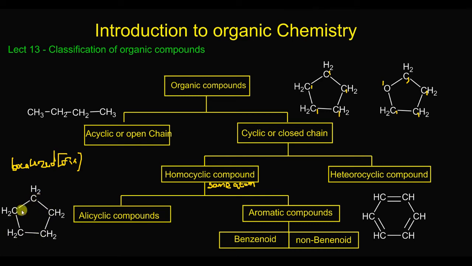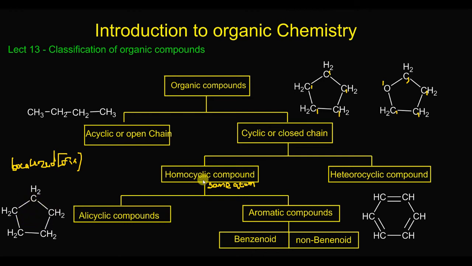So that is what we talk about. Basically, when you say alicyclic compound, we are talking about the same carbon atoms within the ring whose electrons are localized. That is, the electrons are fixed. They do not move freely about.